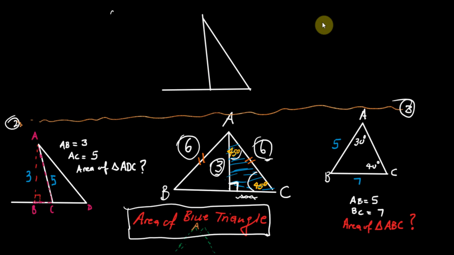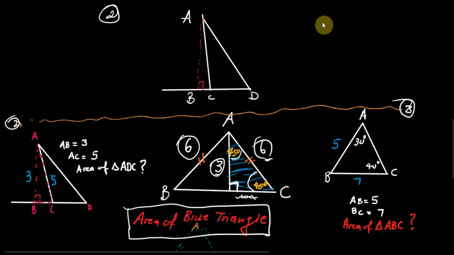So for number 2, we have A, and then we have B, and then we have C, and then we have D. So here is B, which is perpendicular, and then we have C. So what we have is also a 3 and then 5.